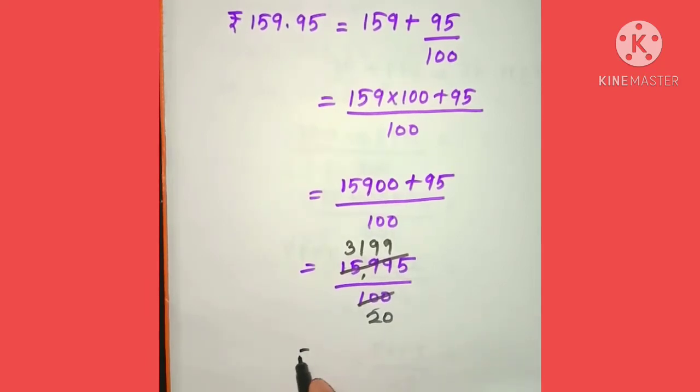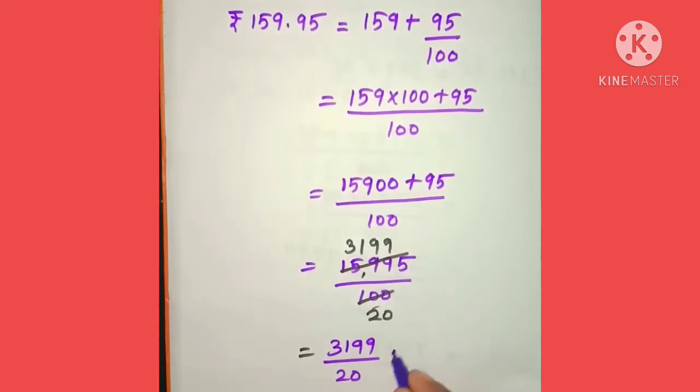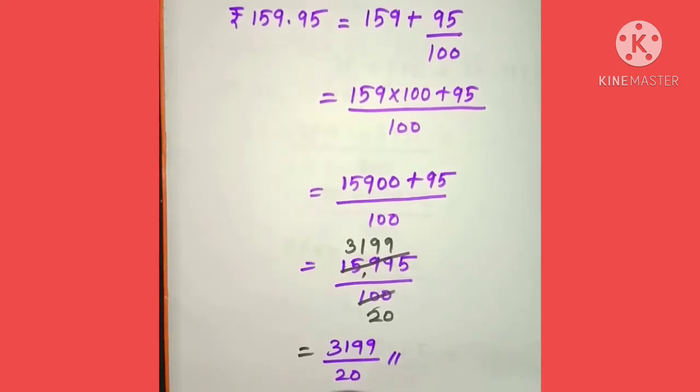So we get 3,199 by 20. This is the fraction form of the given decimal number 159.95.